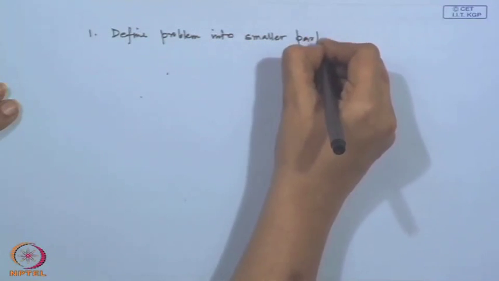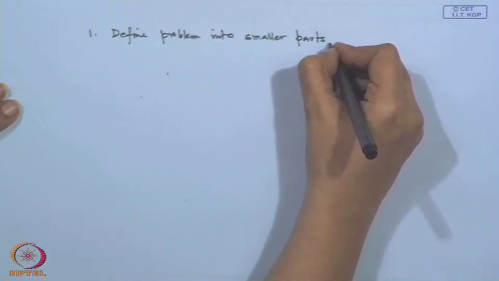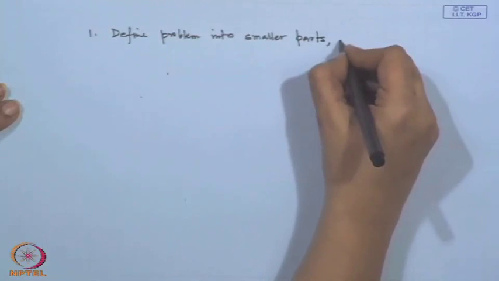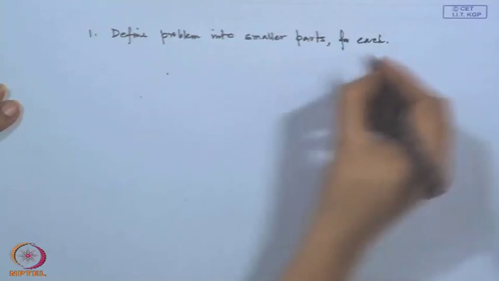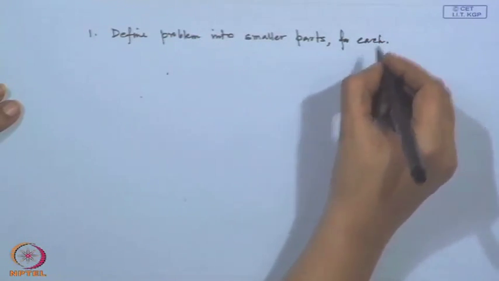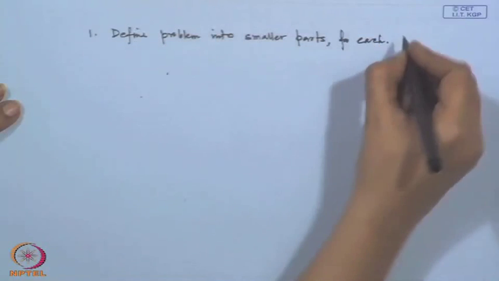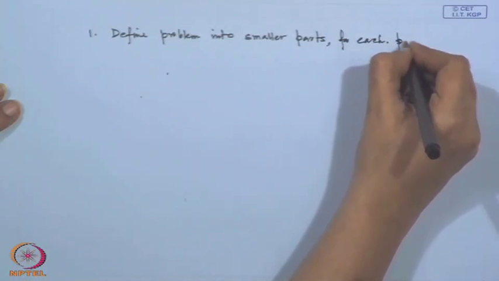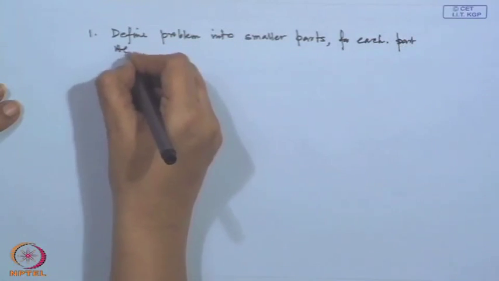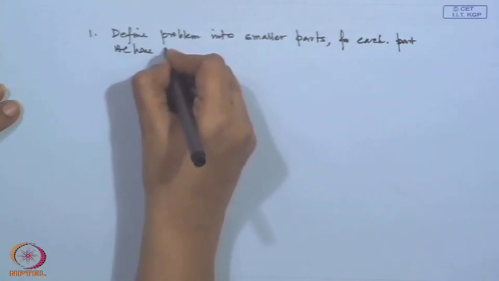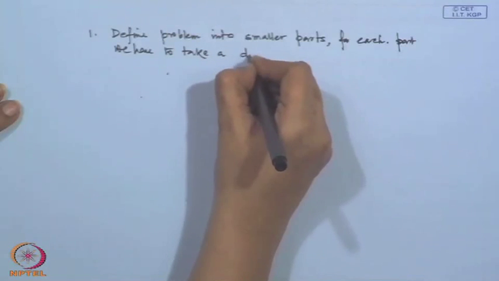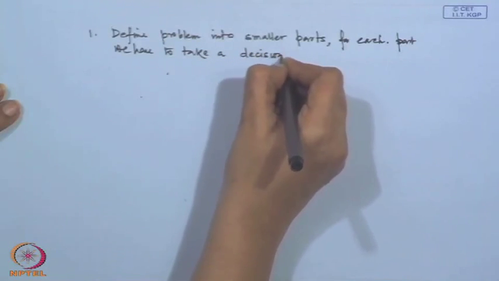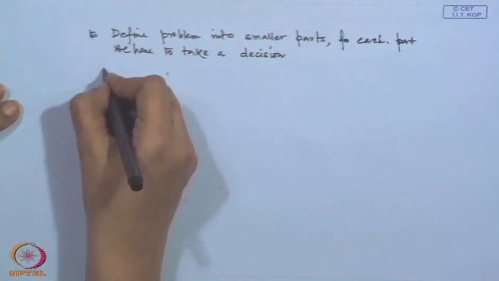We have to decompose the whole problem into smaller parts, and for each part we have to take a decision. This is the basic approach for dynamic programming.